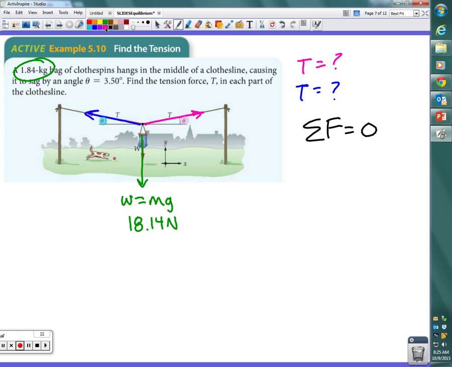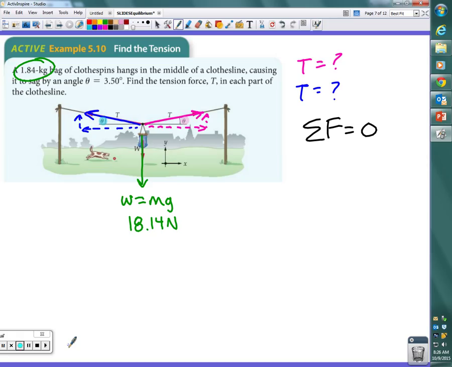We can draw that in as a horizontal component and a vertical component. A blue force that is pulling up to the left is pulling to the left and up simultaneously. Component vectors.